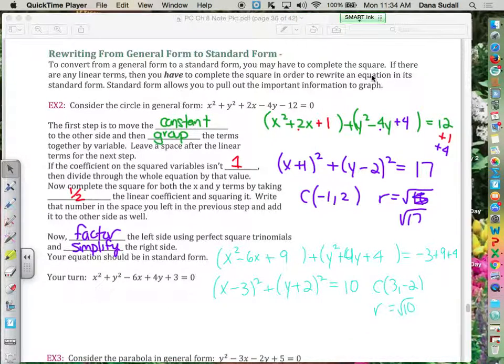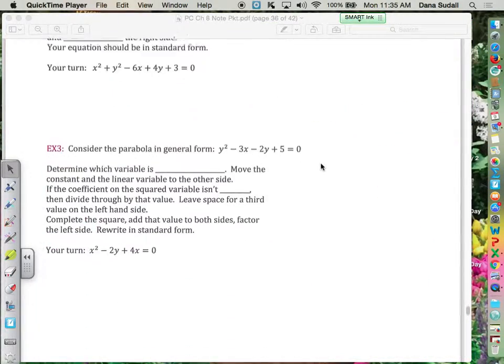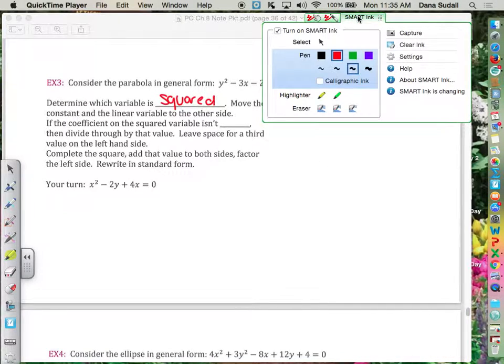All right, the next one. This one they say is a parabola. So let's fill in the blanks first and try and do this as we go along here. Determine which variable is squared. So in our example here, it would be y that's squared.